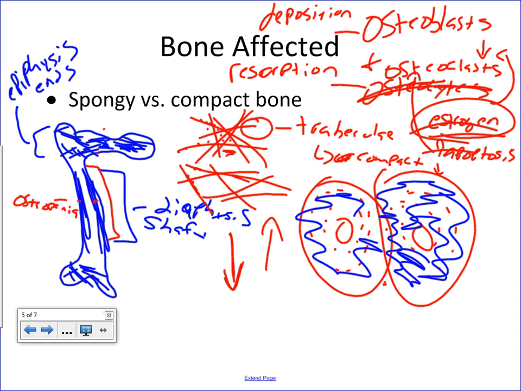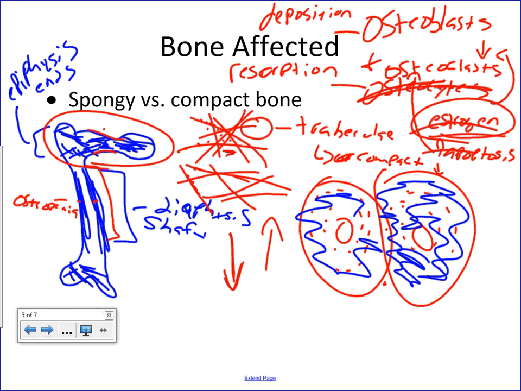All right, and one of the major complications that's going to come with this is the areas of the body that we tend to bear a lot of weight on are going to break. They're going to break a lot more easily. For example, I made a pretty sad attempt here to draw the femur and the neck of the femur, because you always hear about people with osteoporosis breaking their hips.